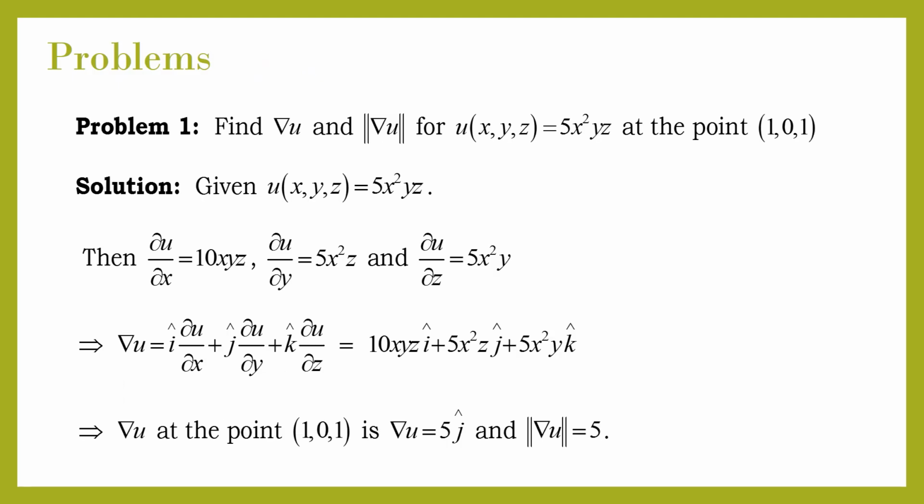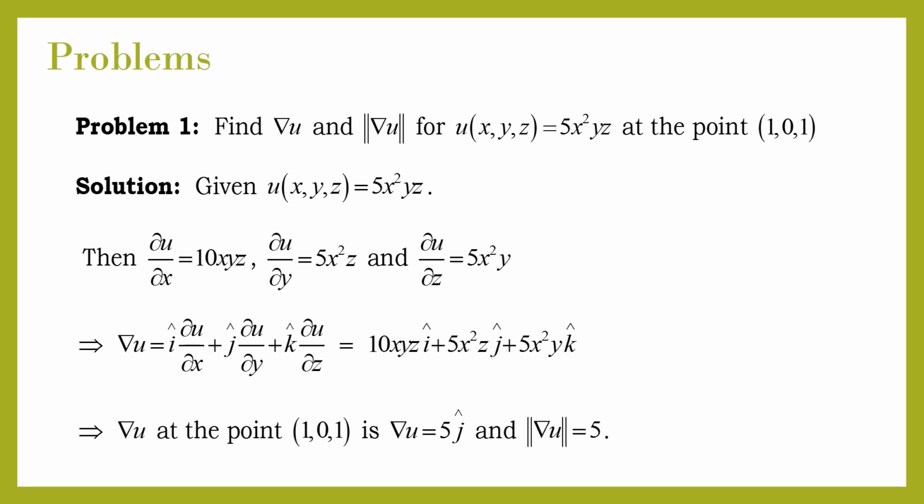The gradient of a scalar field has many applications. We have to solve a few problems to understand these applications of the gradient. As a first problem, let us take a scalar field defined on the three-dimensional Euclidean space R3.